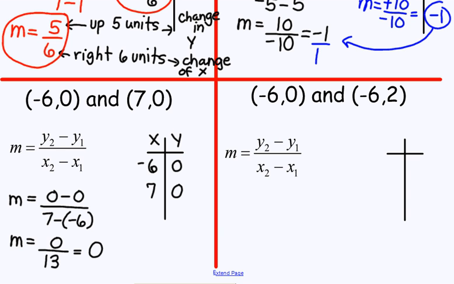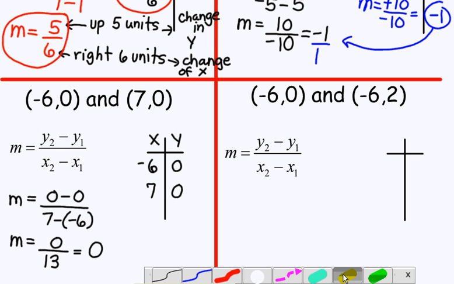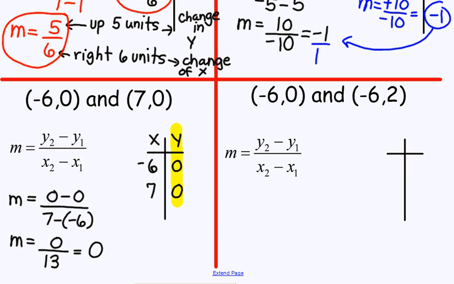And that's 0. 0 divided by any number is 0. If I have 0 things and I divide it between 13 friends, all friends are still getting nothing. The way that shows in the table, though, as you can see, is that y has stayed constant. It isn't changing at all. And for that reason, its slope is 0, which matches and again is a good way to check.